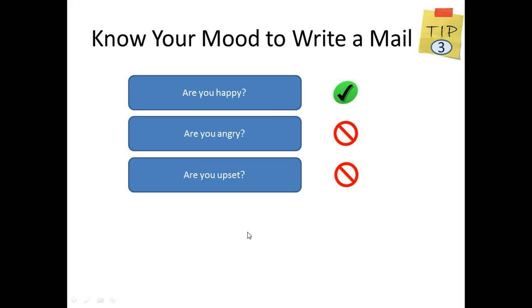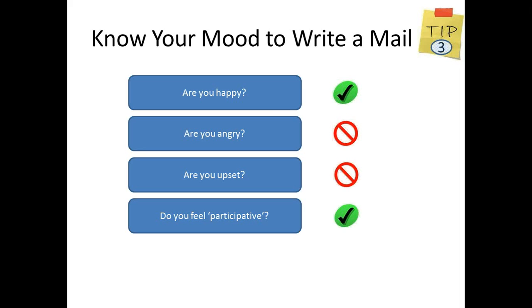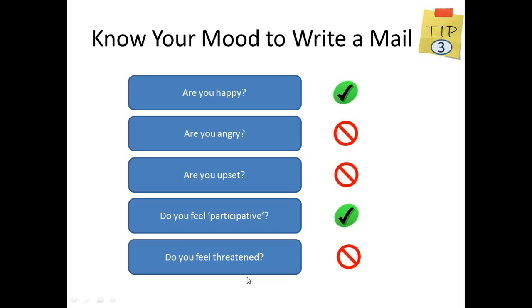And if you are upset, don't write an email. Do you feel wanted? Do you feel that your ideas and opinions will be valued? That's a feeling that you're going to have. And when you have that feeling, write your email. Okay? And do you feel threatened? When you feel threatened, don't write an email.